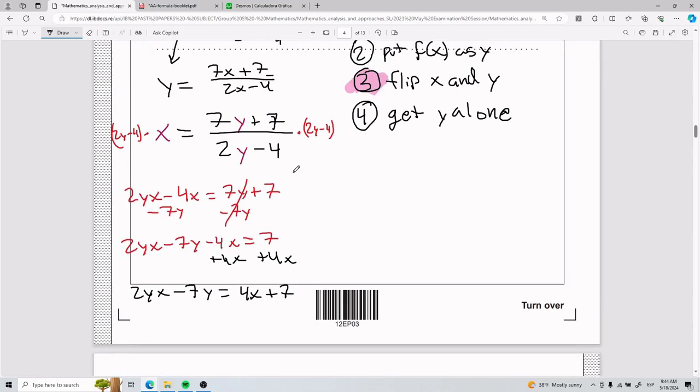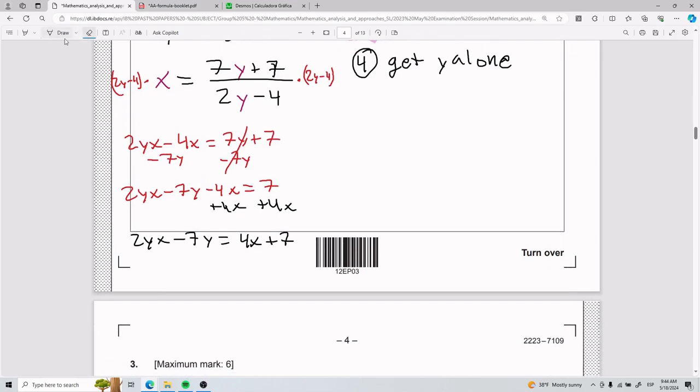And so from here, now that you have all the y's on one side, see? So notice how here you had a fraction, so you needed to multiply, right? Over here you had the y's on both sides. And now, once you have all the y's only on one side, you can factor. And so if you factor on the left side by y, that means if you take y out from each, you end up with 2x minus 7. Interesting.